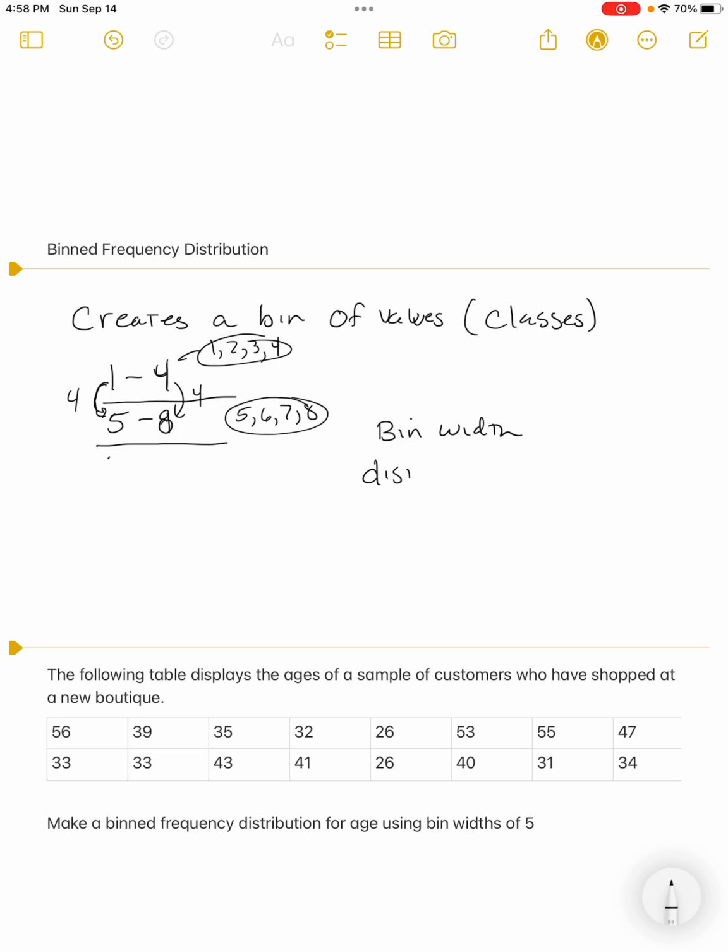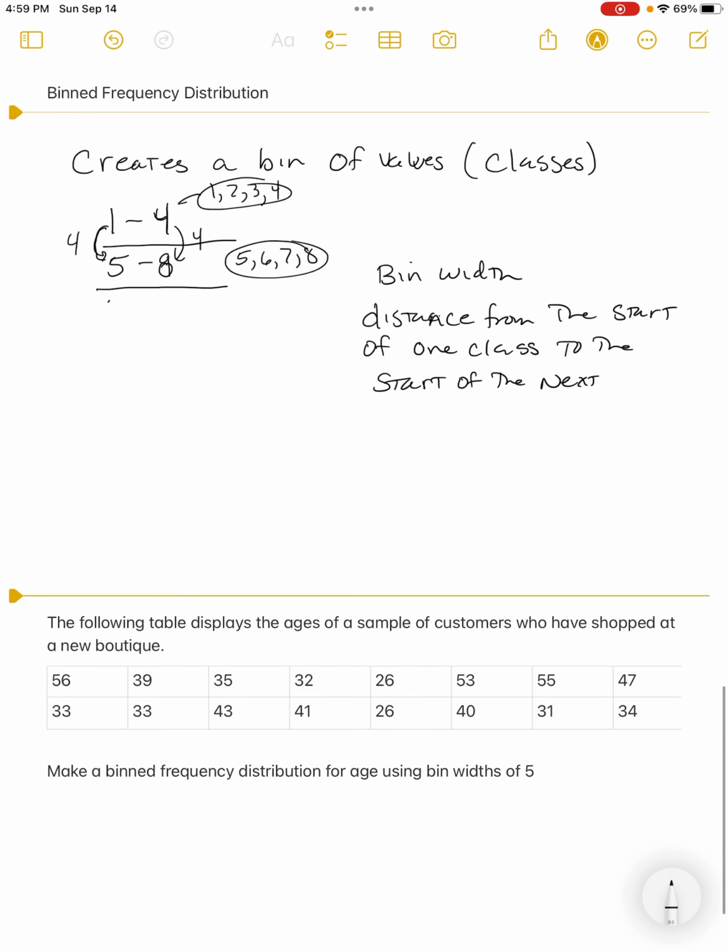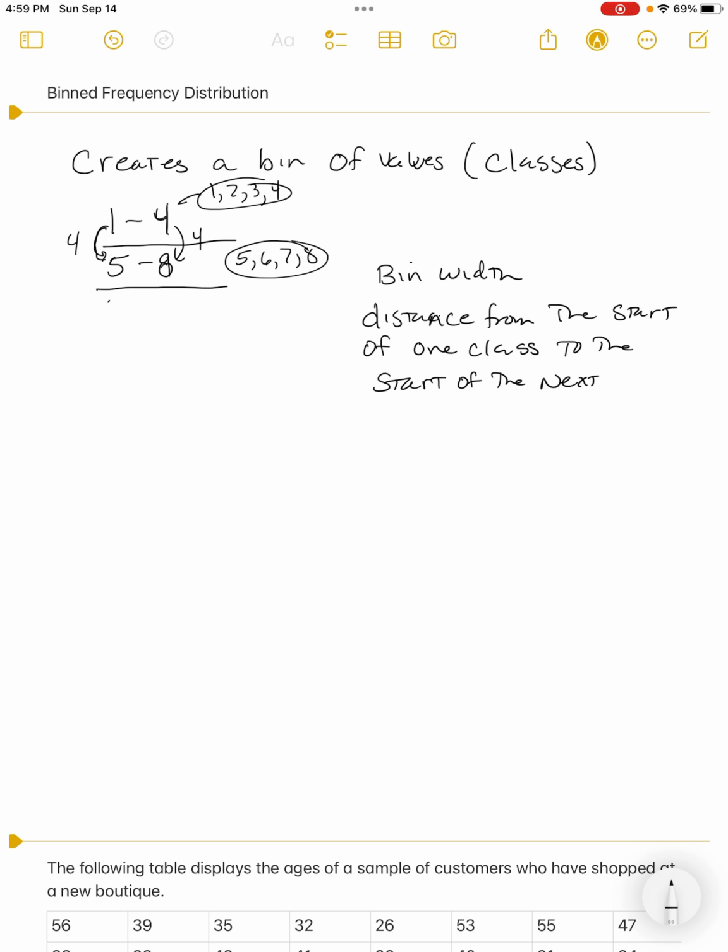The bin width is, and be careful here, the distance from the start of one class to the start of the next.